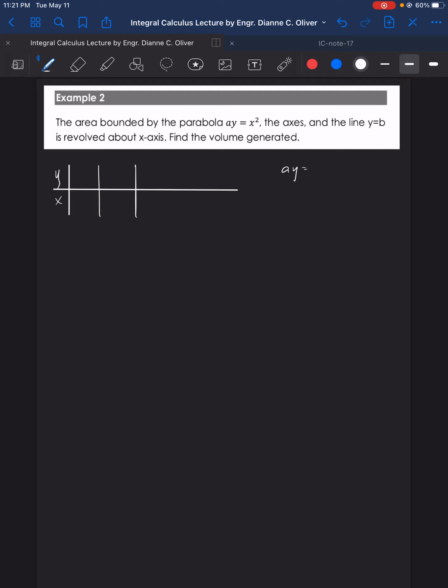So ay is equal to x squared. If y is equal to 0, then x is equal to 0. If y is equal to a, then x is equal to a. If y is equal to b, so ab is x squared. Therefore, x is equal to square root of ab. So if y is equal to b, x is ab raised to 1/2.